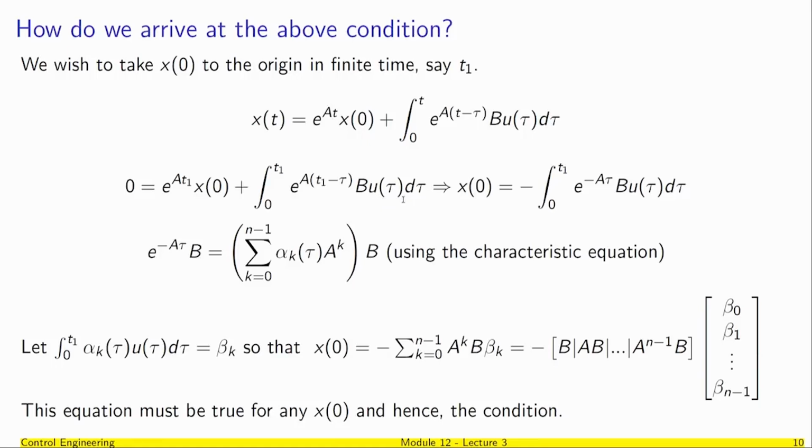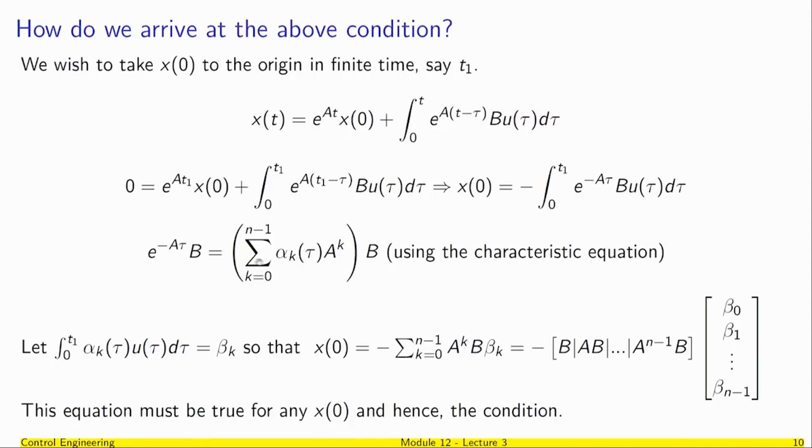We will just use some properties of how to compute e power At. You can refer to the earlier lectures on this. e power At can be written as a series in powers of A in this way. I just plug this in over here. Again, in this expression I am just finding out if there exists a u. The only unknown in this equation is u.